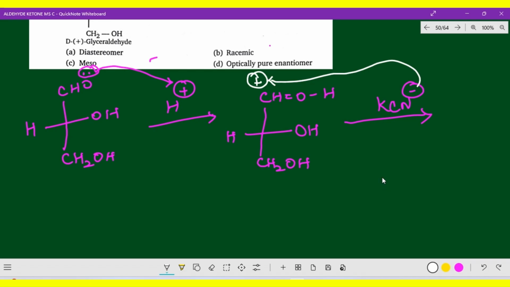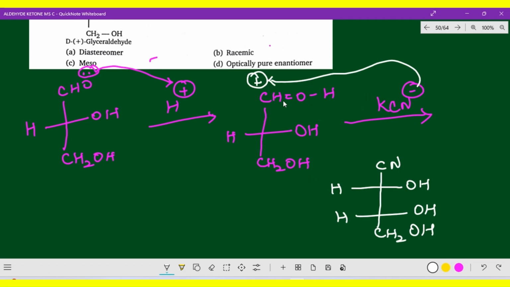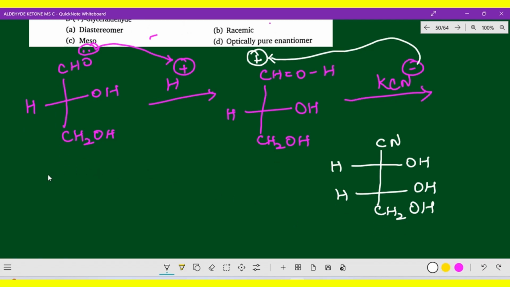So you get the product like this, with CN, then CH2OH, H, OH, and the same way H, OH. Another CHOH line is formed, with CN attached. This is D plus glyceraldehyde, here D plus glyceraldehyde.